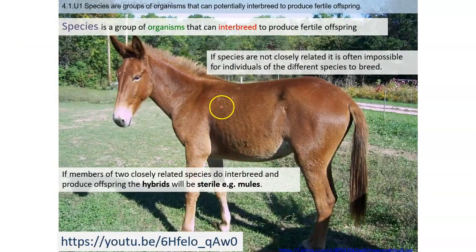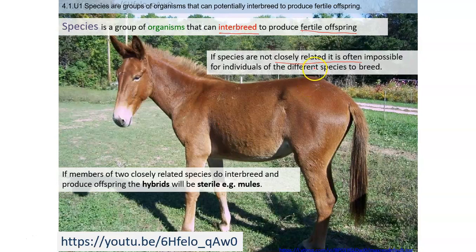Let's have a look at each definition that we learned. What is a species? A species is a group of organisms that can interbreed and produce fertile offspring.